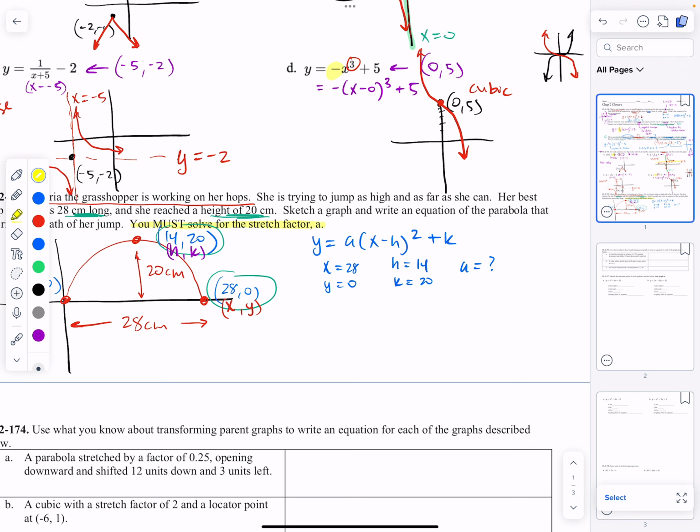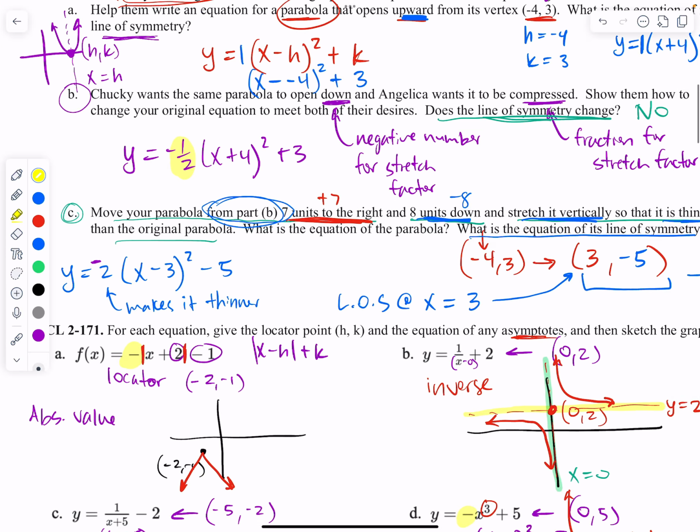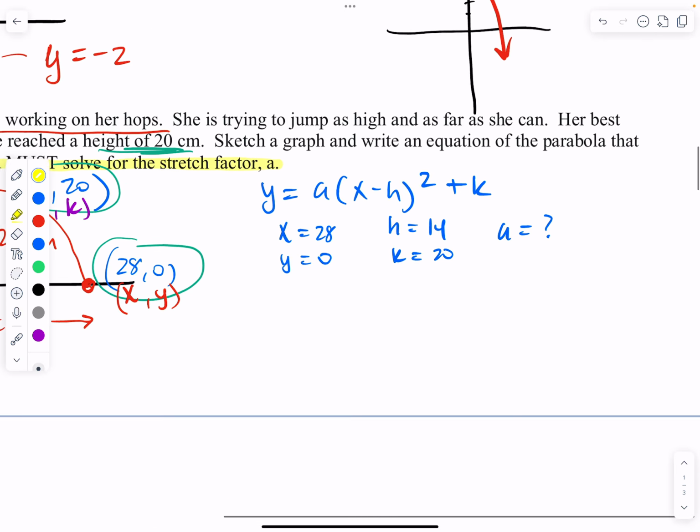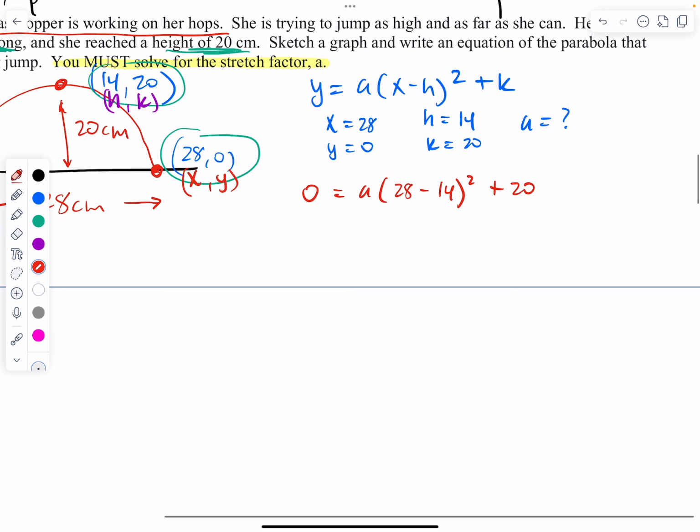I feel like I need a little bit more room here, so I'm going to add a page. I'm going to go back to that problem. And here we go, I'm going to plug them in. So I'm going to have 0 equals a times 28 minus 14 squared plus 20. I'm going to solve for a.